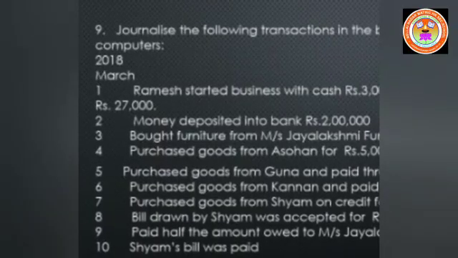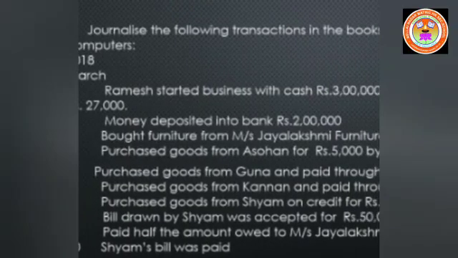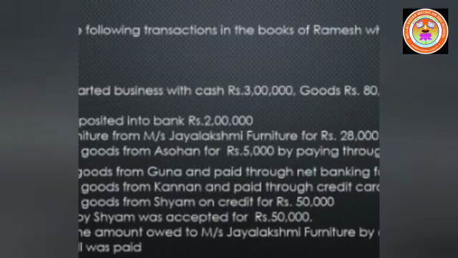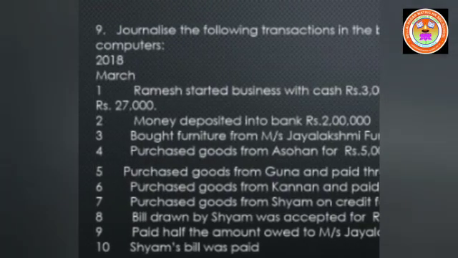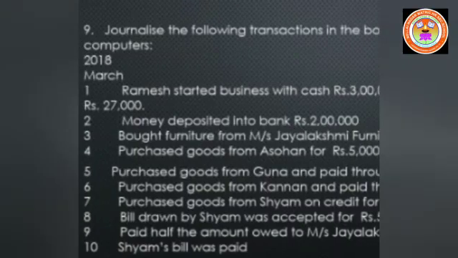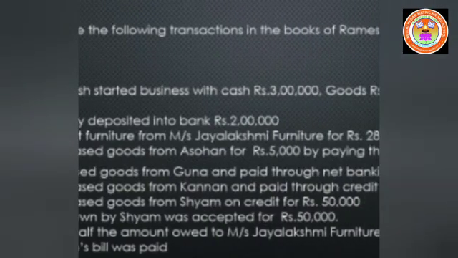Next, March 8, bill drawn by Shyam was accepted for rupees 50,000. Bill drawn here means bills payable. On March 7, Ramesh has purchased goods from Shyam on credit.